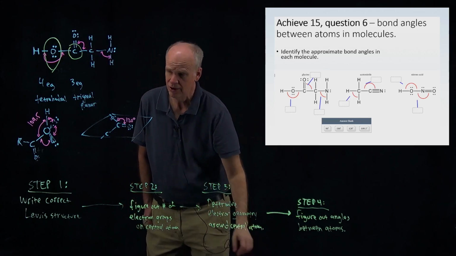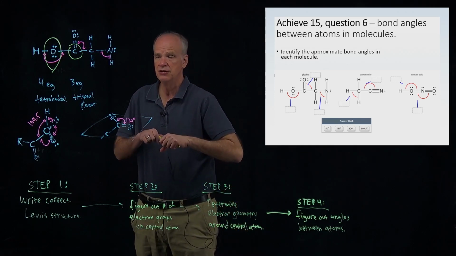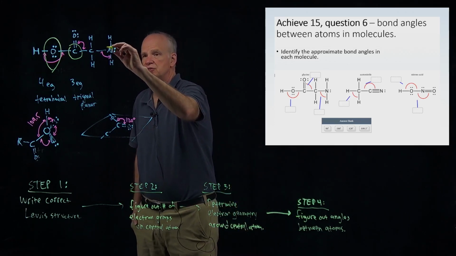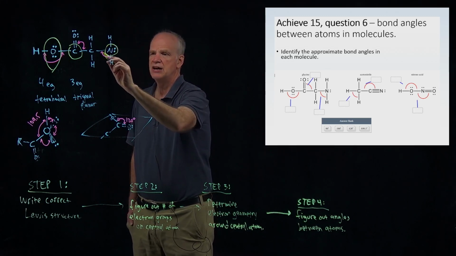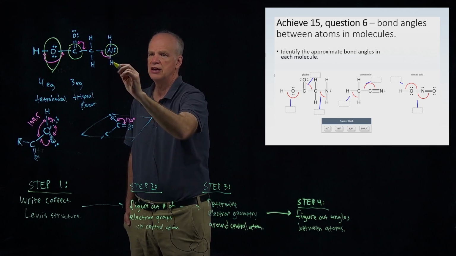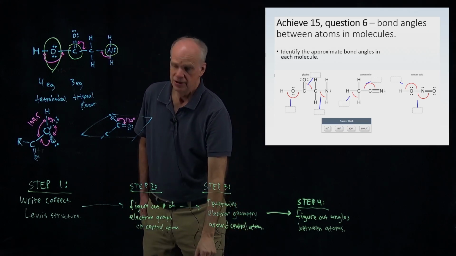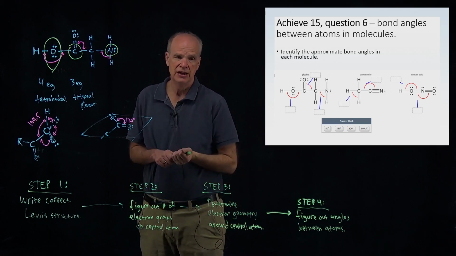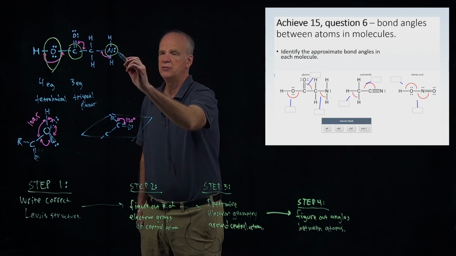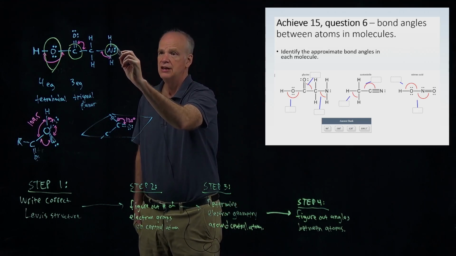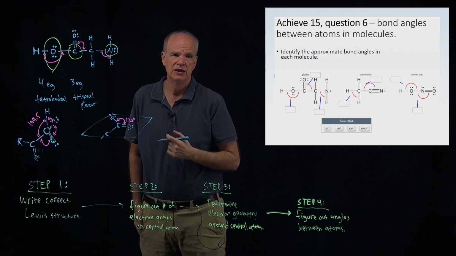Okay, we have one more. What we will do is consider this central atom here, the nitrogen, because that determines the bond angle between the nitrogen and the carbon and the nitrogen and the hydrogen. What I'm hoping you can see at this point is that the nitrogen has 4 electron groups. The reason why is that it has one lone pair, and each of these single bonds is considered to be a bonding group.